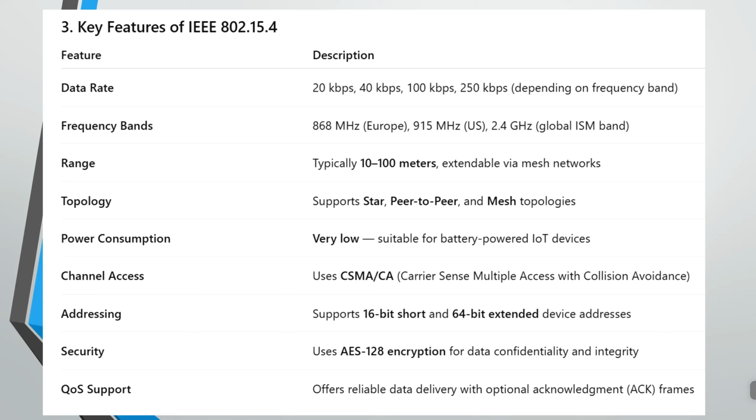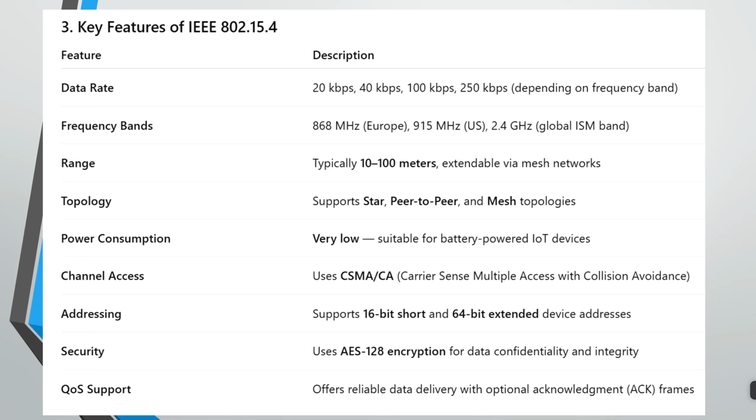So the key features: data rate is 20 kbps, 40 kbps, 100 kbps or 250 kbps. Frequency band is 868 megahertz to 915 megahertz. It could go even up to 2.4 gigahertz also. It's very low range, 10 to 100 meters. Topology: it supports star, peer-to-peer and mesh topologies. Power consumption is very low. It uses CSMA/CA, the collision avoidance protocol.